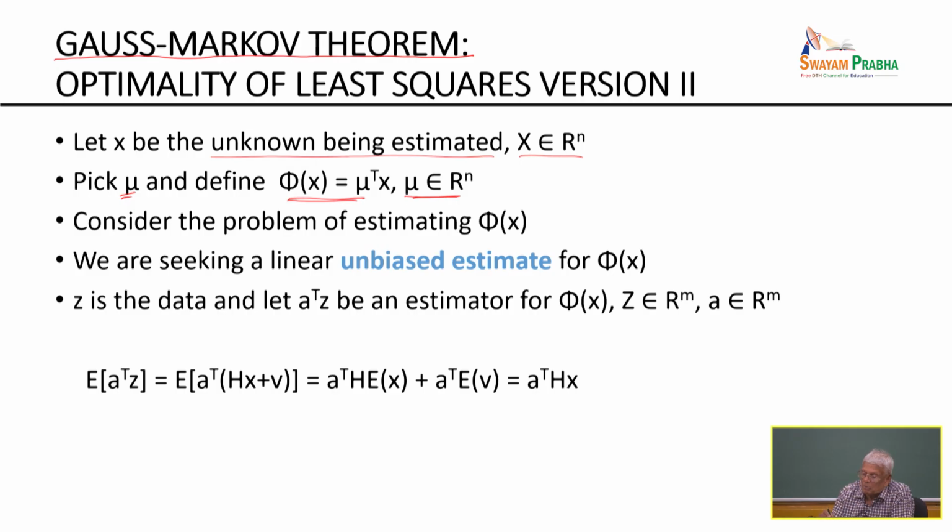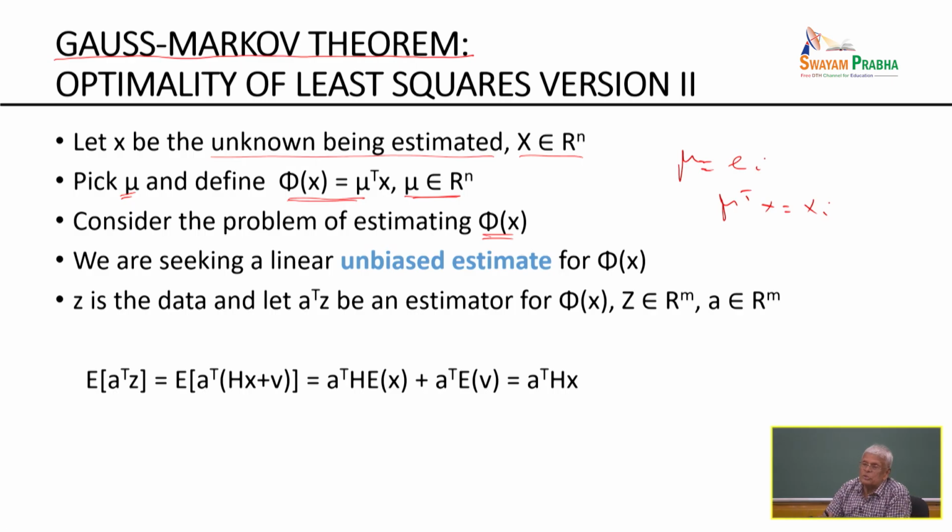Now I am going to consider the problem of estimating phi of x. If I can estimate phi of x, I can estimate x. Why? By picking mu equal to 1, 0, 0, 0, I can estimate x1. This is by picking mu to be ei, the standard basis vector, which has 1 at position i and 0 elsewhere; mu transpose x is then equal to xi.